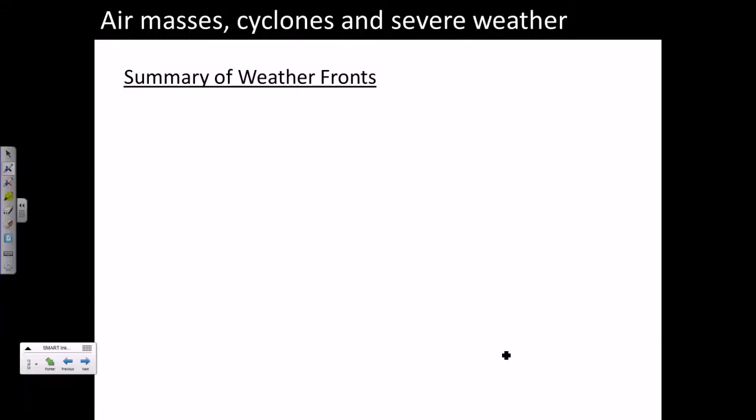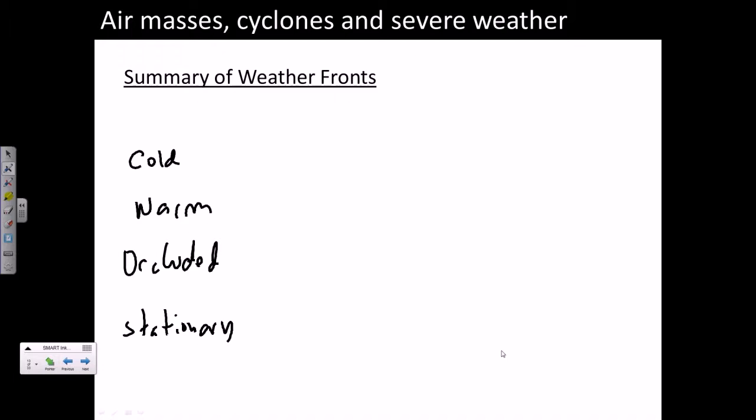All right, so we can go ahead and do a little summary of the different weather fronts that we've looked at, and how they're structured and organized. We can write this out, and hopefully this remains fairly clear. We've got the cold front, warm front, occluded, and then finally the stationary.